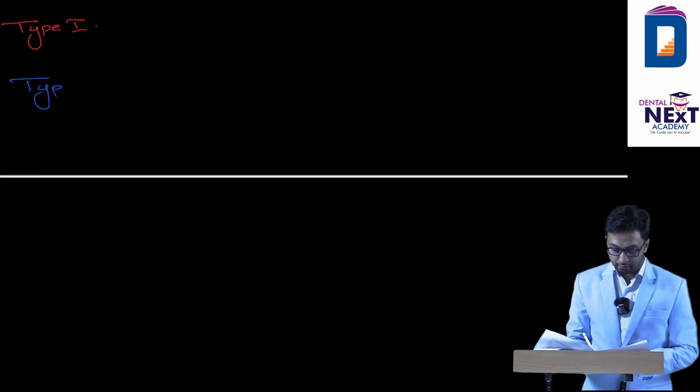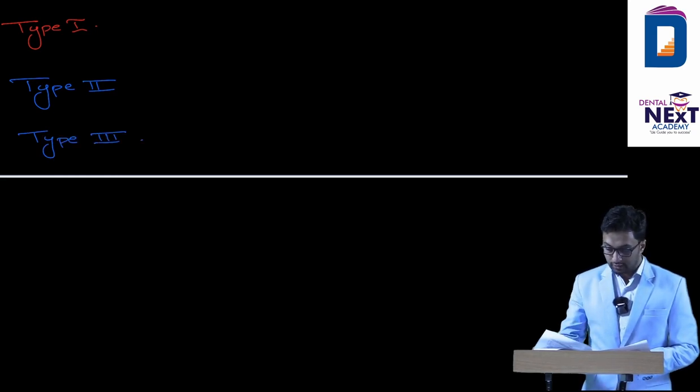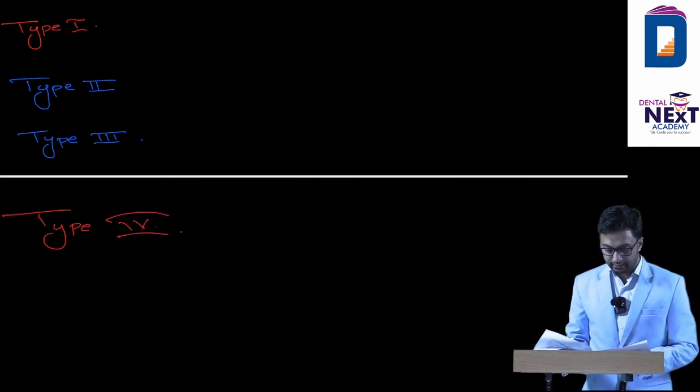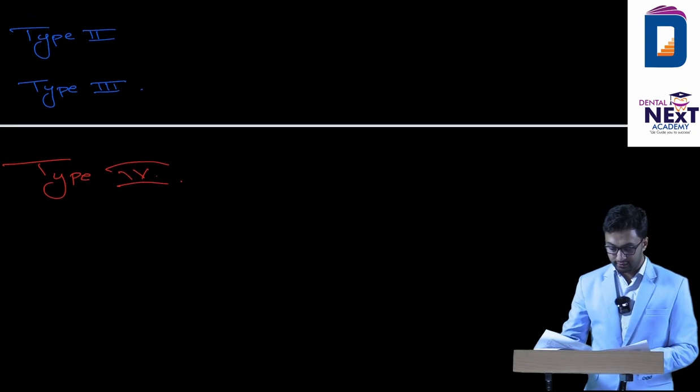So you have to write: type 1 is important. Then type 2, type 3. Then you have got type 4. I am writing it with another color just for you to know.